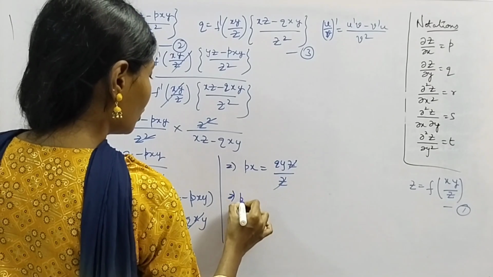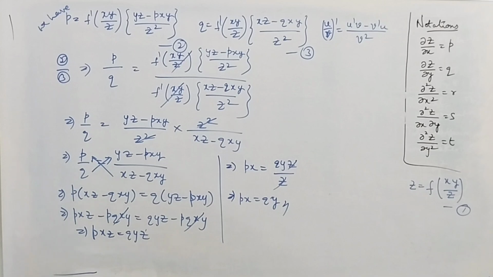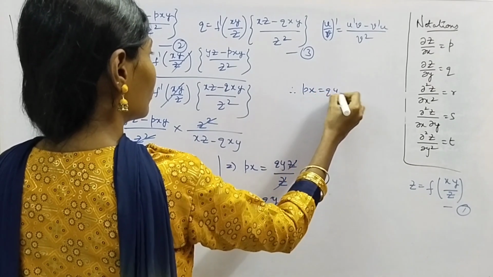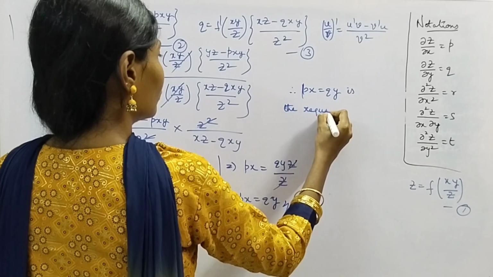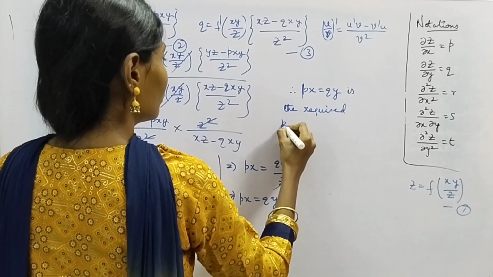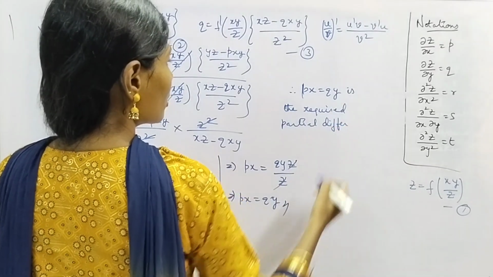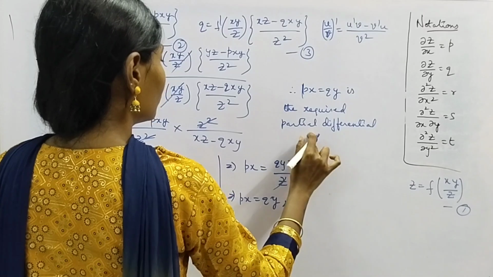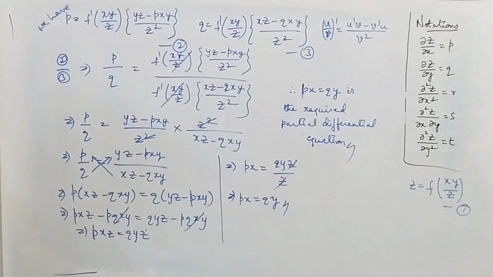You'll get px equal to qy, which is the required partial differential equation to our problem. Therefore, px equal to qy is the required partial differential equation, which completes the problem.